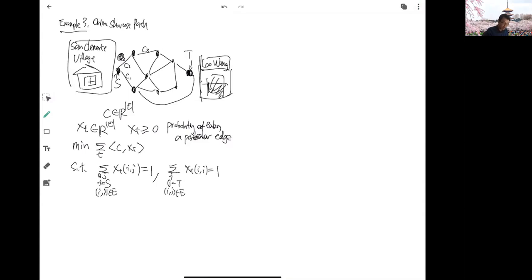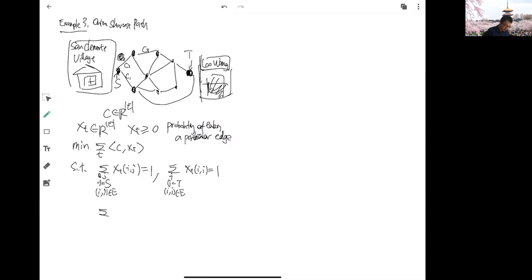The third constraint says that on every intermediate node, the flow that goes in and the flow that goes out should be the same. With this much probability you get to this node, and then you have to get out; you can't stay there forever.